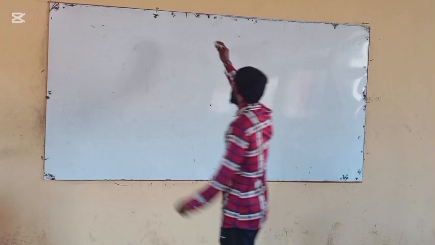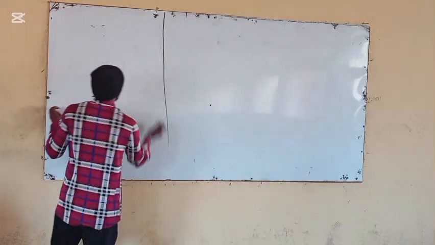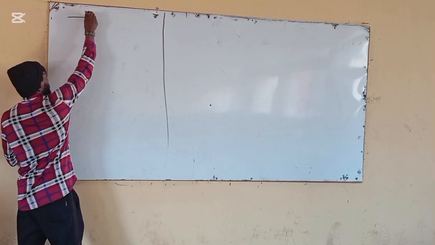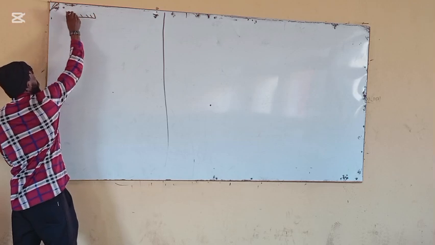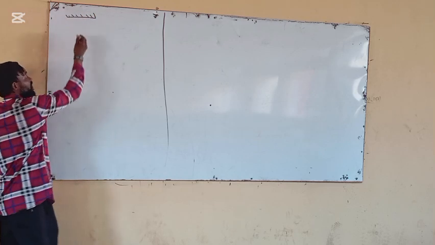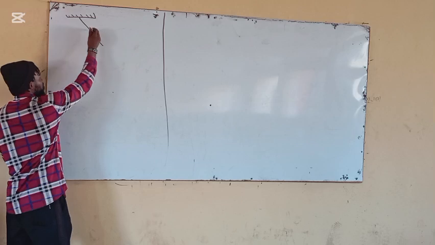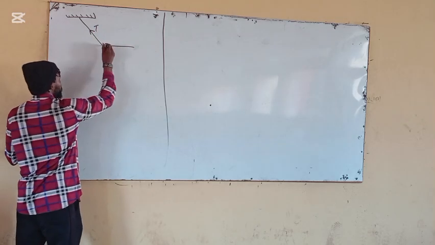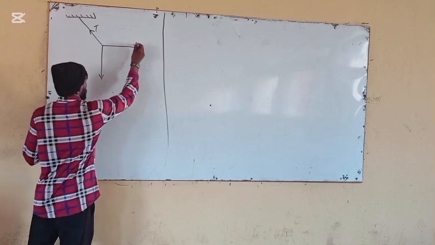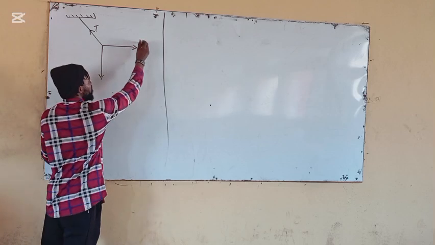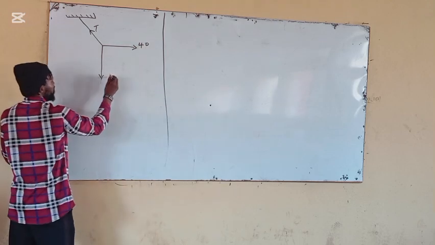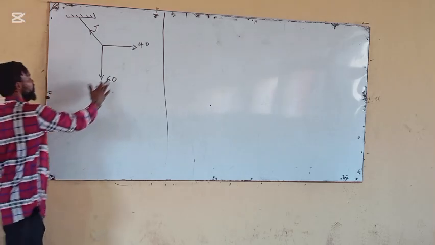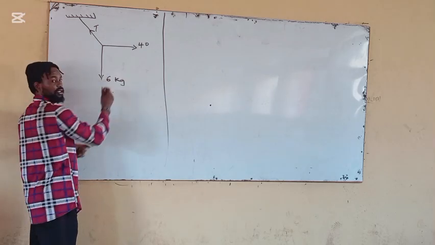Please see. The first diagram there looks like this. Anytime they talk about ceiling, they normally give you something of this nature. Then they say this is T. What did they give you here? Okay, 60.